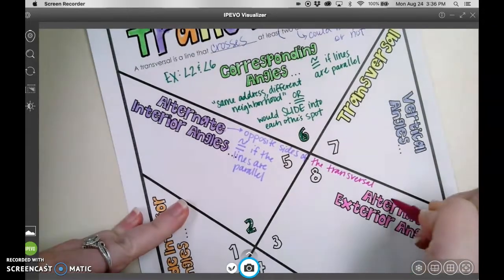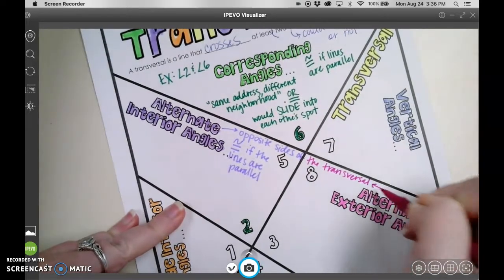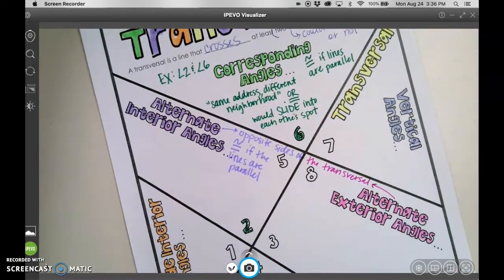And you'll see that down here with alternate exterior as well. So I've kind of let that description bleed over into the next section, but it means the same thing. Alternate just means opposite sides of the transversal.